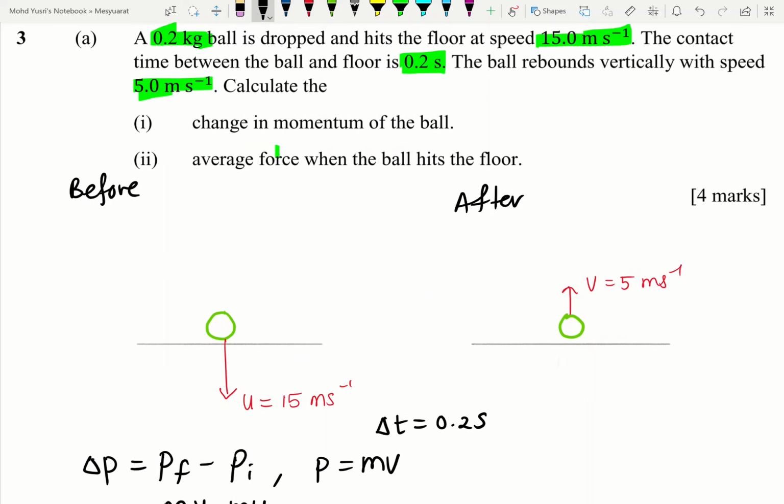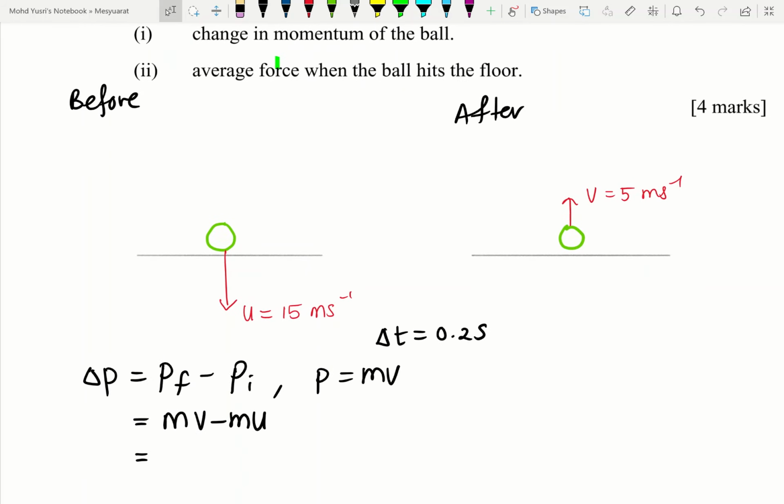So the mass of the ball is 0.2 times v is 5 meter per second minus 0.2 times u is negative 15 meter per second.